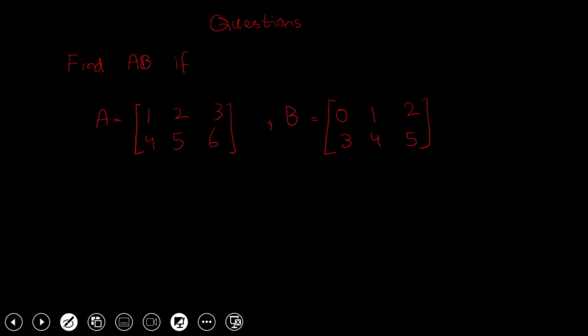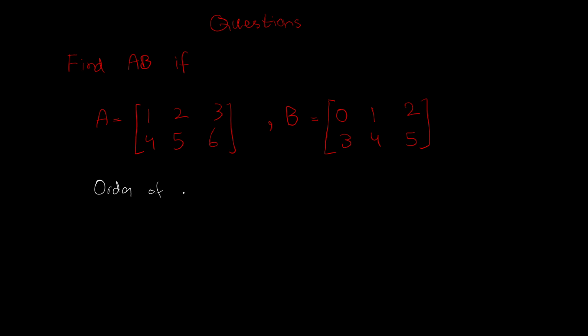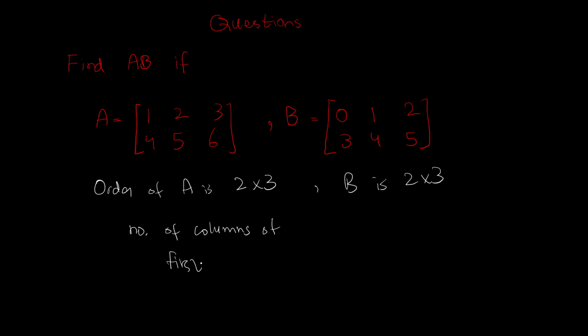But no, if you write down the orders of both of these matrices, and then you compare, you will notice that the number of columns of the first was 3, while the number of rows in P, the second, was 2. So the multiplication is not possible. The 3 is not equal to 2.